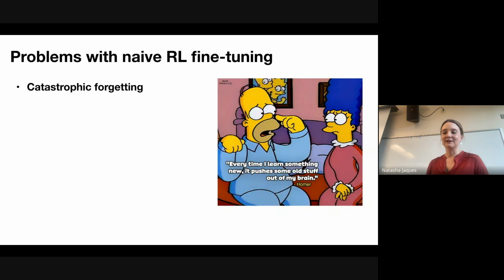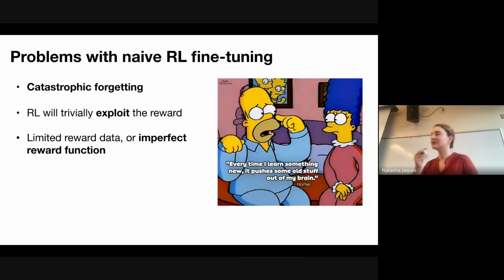The reason is, at the time we thought about it as catastrophic forgetting, but you can think of it as the fact that what RL is trying to do is exploit the reward that you're giving it. It's just an optimization tool. It's just optimizing the reward. If your reward function is limited because you're coding up these rules of music theory, like not repeating notes, or you have limited data, so you're learning from human feedback, then it's going to do something pretty dumb.